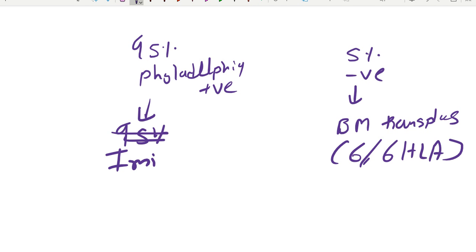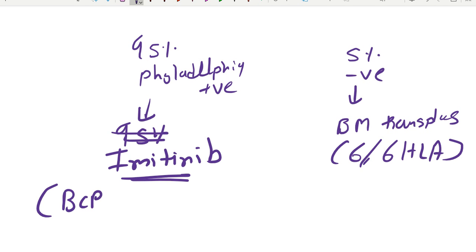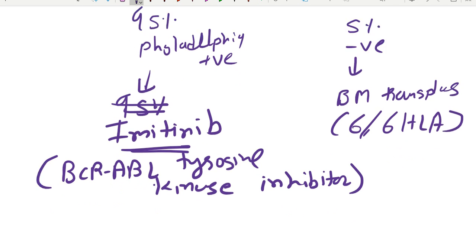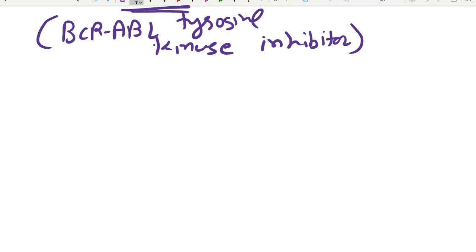And these 95% Philadelphia positive are given imatinib. Imatinib is a BCR ABL tyrosine kinase inhibitor. There are many tyrosine kinase inhibitors.